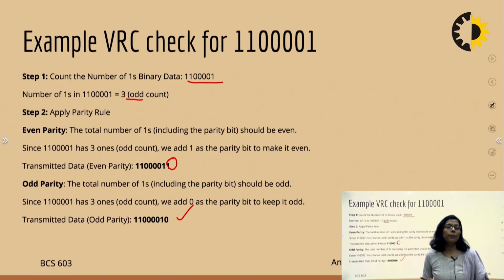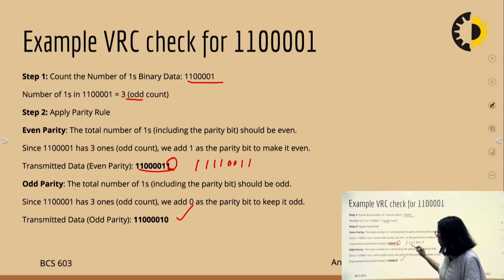Now, see, the problem in this technique is that suppose there are 2 changes. If we have 2 changes, we won't be able to detect the error. For example, suppose I have told this is odd and now this is an even parity number. Now, suppose there is a change, 1, 1, 1, 0, 0, 1, 1.